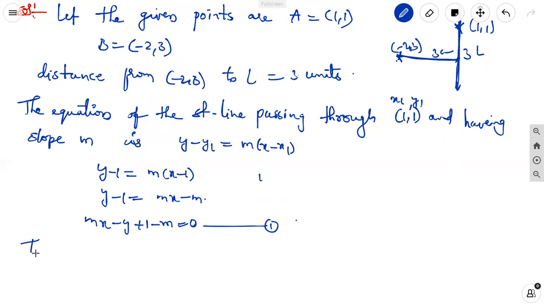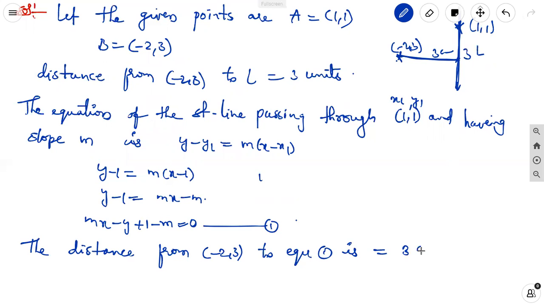Now the distance from (-2, 3) to equation 1 is equal to 3 units.